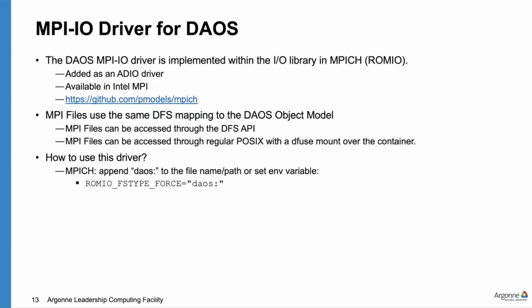Ideally the system can detect that you're using DAOS, and so then it'll use the DAOS ADIO. But if it doesn't, you can give a hint. Down here, you can prepend this to your file or use some existing environment variable, and that'll say, whatever file writes I'm doing, please use DAOS. And you'll go directly through the ADIO, so you'll never use any of the kernel, and this will give you sort of idealized performance.